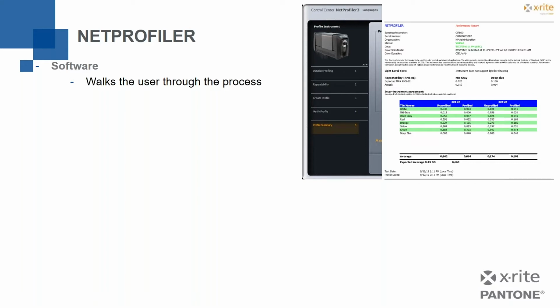This particular instrument that was tested, expected average max DE, you can see down there on the bottom, 0.16, okay? Unprofiled, it was just over that, 0.162. After the profile was applied, 0.06, okay? So what the profiling software is doing is it's testing it and then also correcting it, and we'll see more about how that works in a minute.